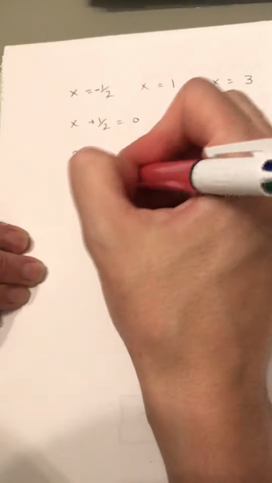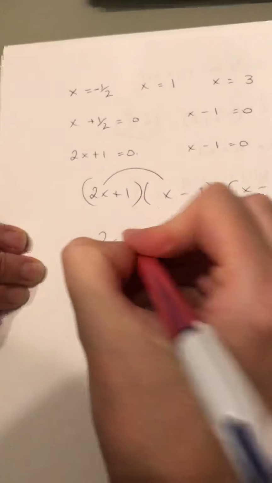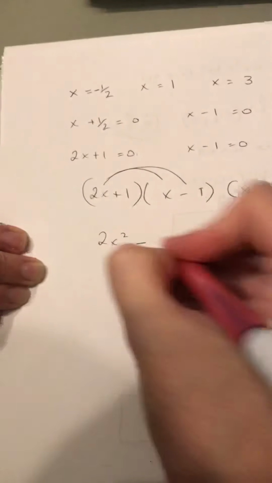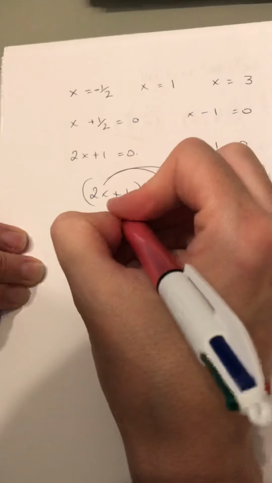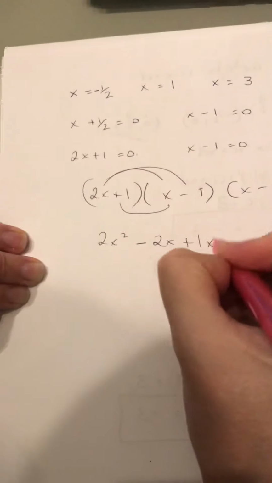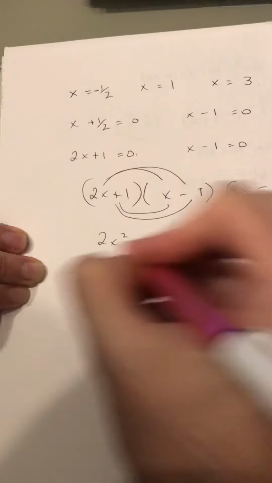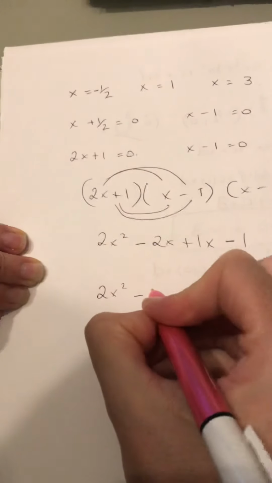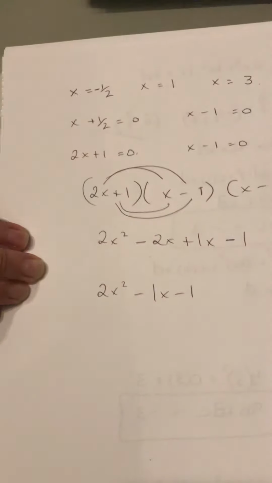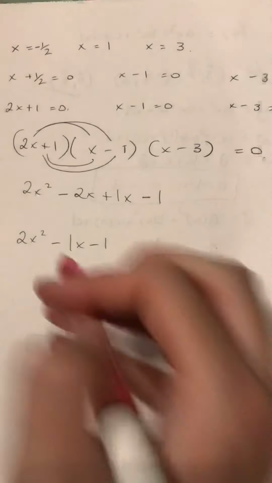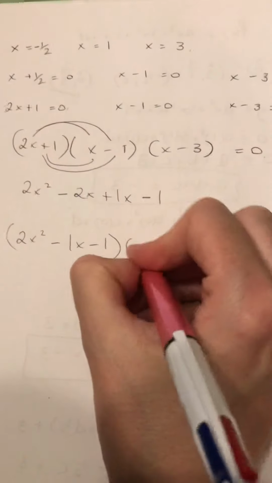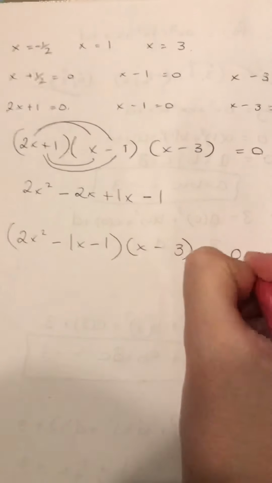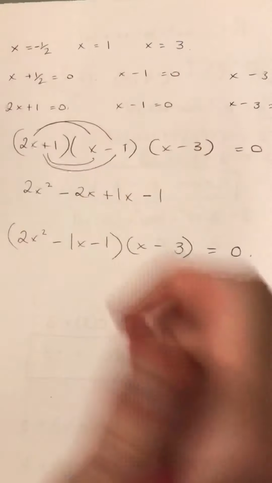Okay, so let's multiply these two out first. So that's 2x squared minus 2x plus 1x minus 1, which cleans up to give me 2x squared minus 1x minus 1. And I'm going to multiply that by my other factor. This will turn it into a cubic with these roots.